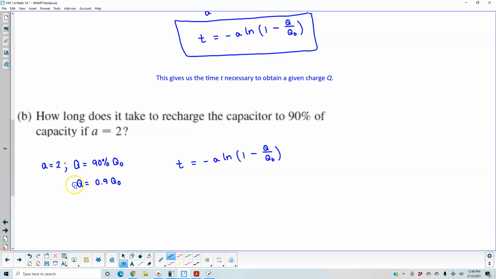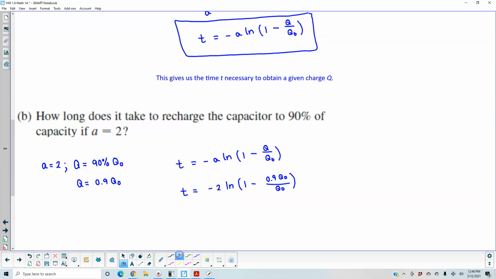So now we can plug in both of these into our formula to solve for t. So t is going to equal negative a, which is negative 2, times the natural log of 1 minus 0.9 q subscript 0 divided by q subscript 0.